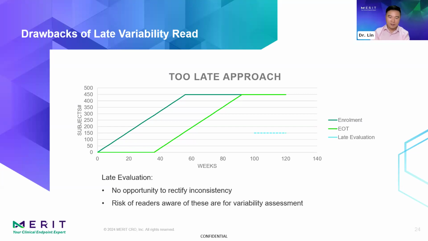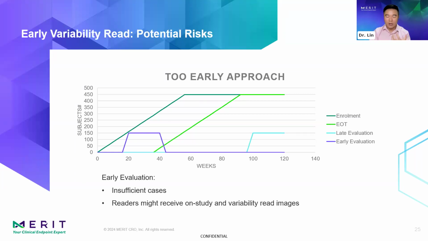Our goal is to maintain a blind evaluation, allowing the readers to perform variability reads with memory fade and without being consciously aware of it. So initiating variability read too early in this process also poses some challenges of insufficient data.